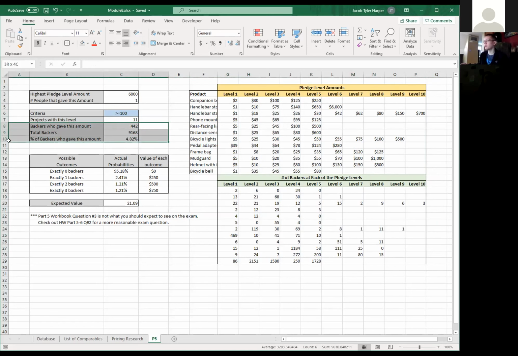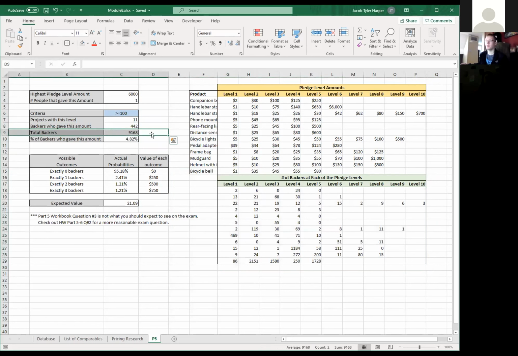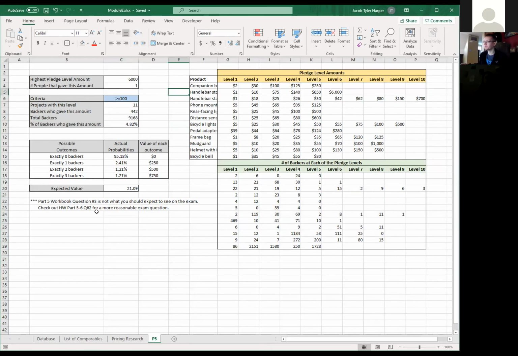And so that's when I mentioned that you can use the SUMIFS function on these two parts to see that 442 of these numbers down here correspond to pledge levels of $100 or more. And then we can add up all the people and divide these two numbers to get the actual percent we are interested in.